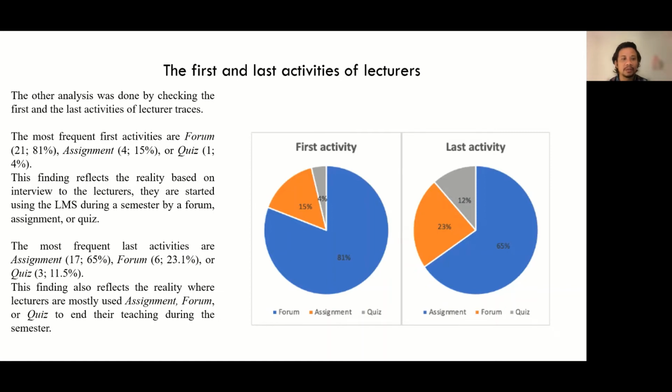They start using the LMS during a semester with a forum, assignment, or quiz. The most frequent last activities are assignment, forum, or quiz. This finding also reflects the reality where lecturers mostly use assignment, forum, or quiz to end their teaching during the semester.